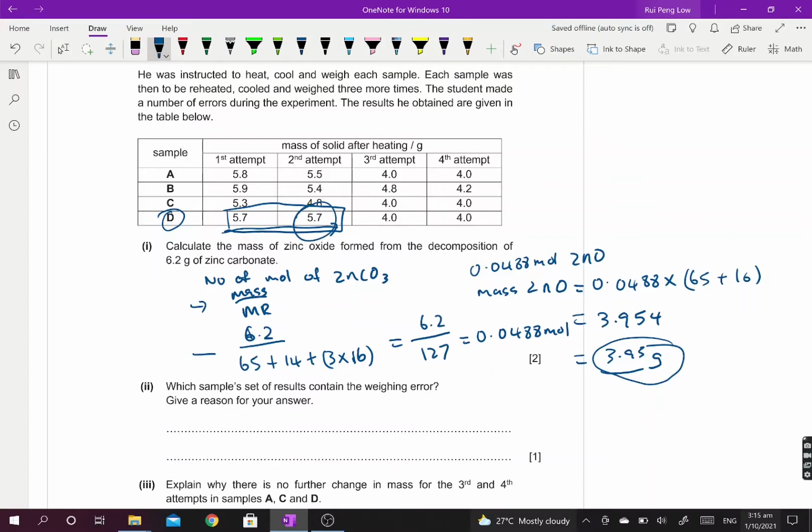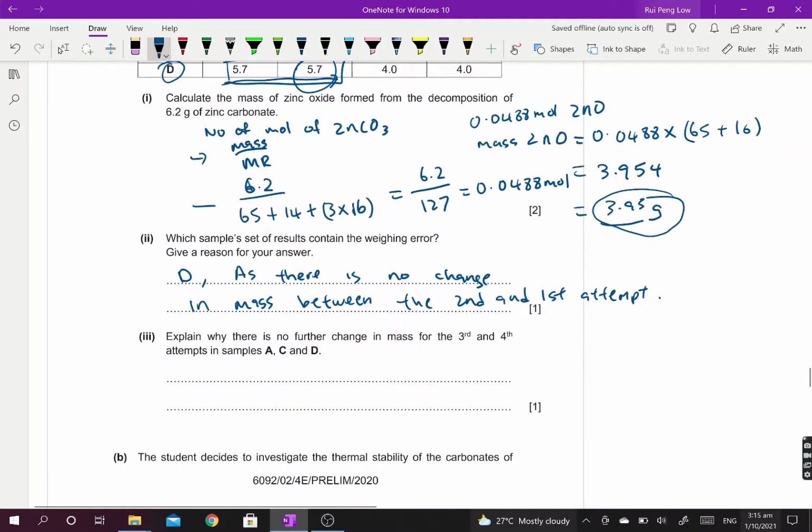So we will say that D, as there is no change in mass between the second and first attempt.